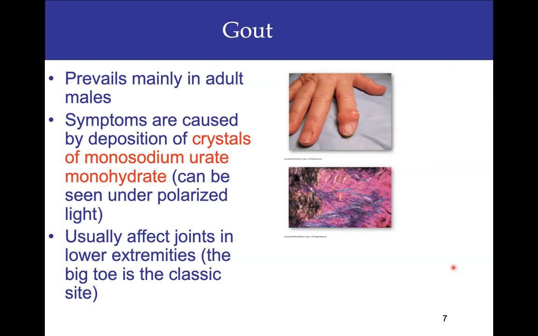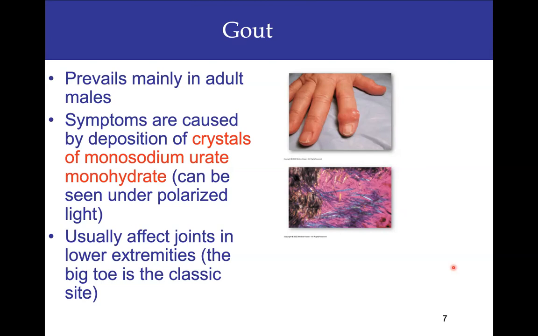Their blood levels of uric acid increase, and they suddenly wake up with severe pain because of arthritis, severe inflammation in a joint. A classic presentation of this is the big toe, the base of the big toe, actually. That's how these patients will usually present.